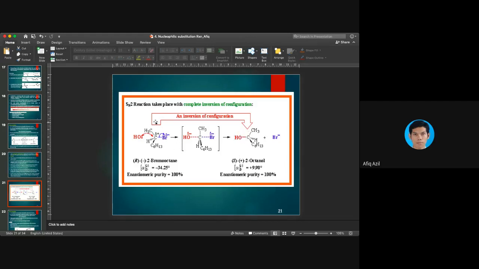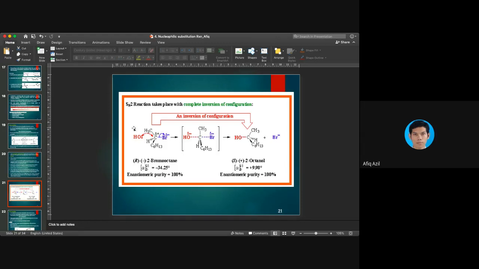Let's say if this is a chiral compound, if you start with R, then you will end up with S. Okay, it will invert. Dia akan terbalikkan you punya stereochemistry configuration. Okay, if you start with S, then you will have R as the product.